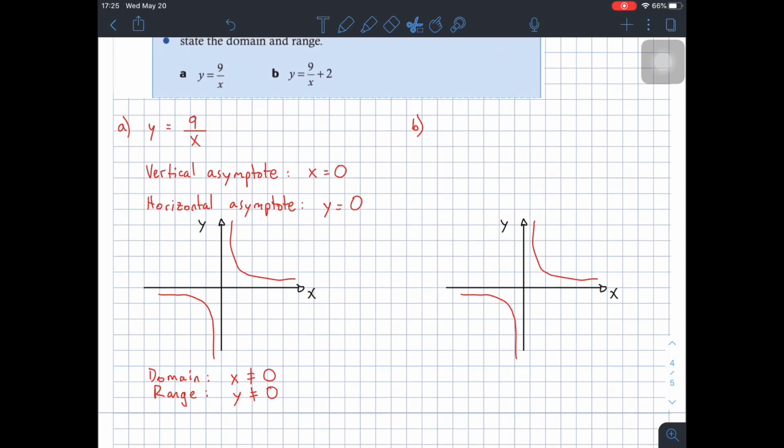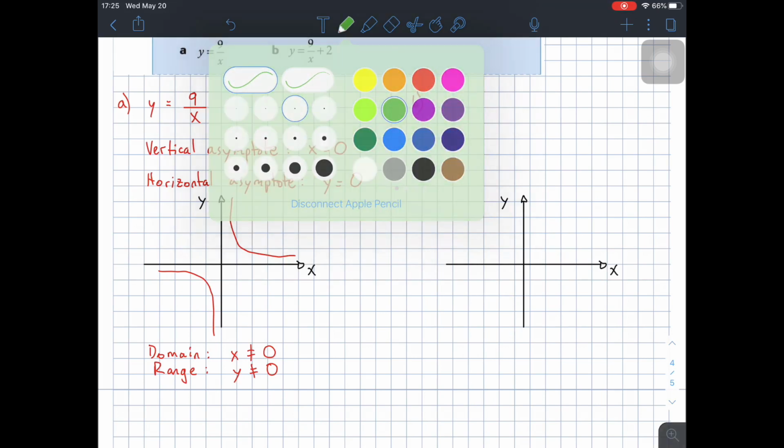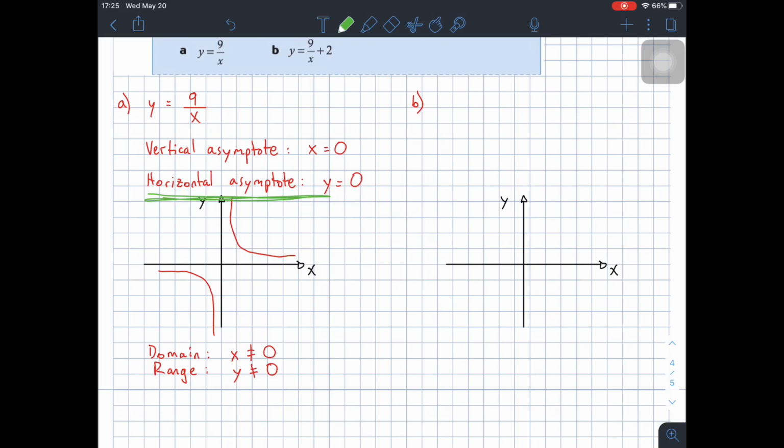Basically, since all of this is shifted 2 units up, my horizontal asymptote will not be y equals 0 anymore. It will be y equals 2 because it is shifted 2 units up, right? So if I put here, for example, this is a sketch, so I can assume it is there.